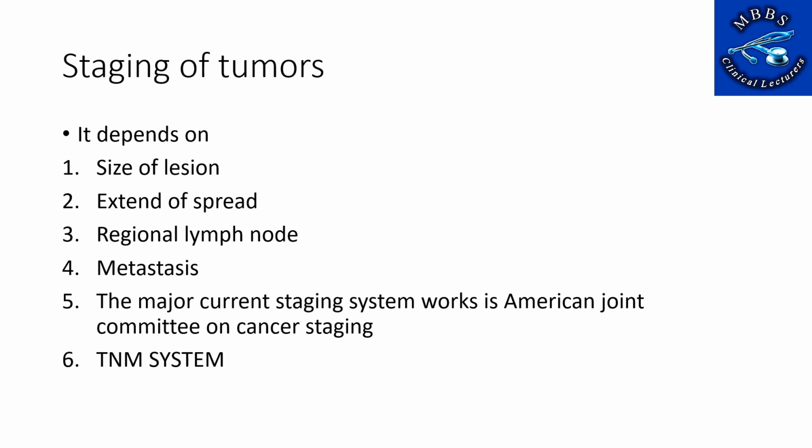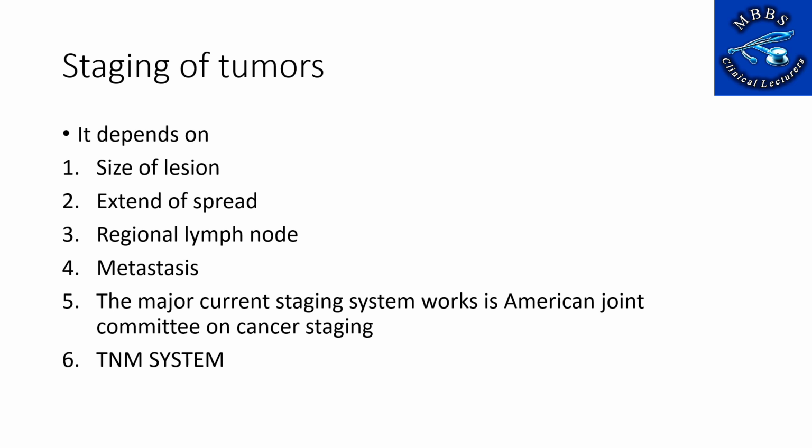For example, if the size is smaller, then it usually comes in the lower stage, and if the tumor size is more, then it becomes a higher stage. And the second one is the extent of the spread, which means how much local spread of the tumor is present, and whether the tumor has involved one organ or multiple organs.